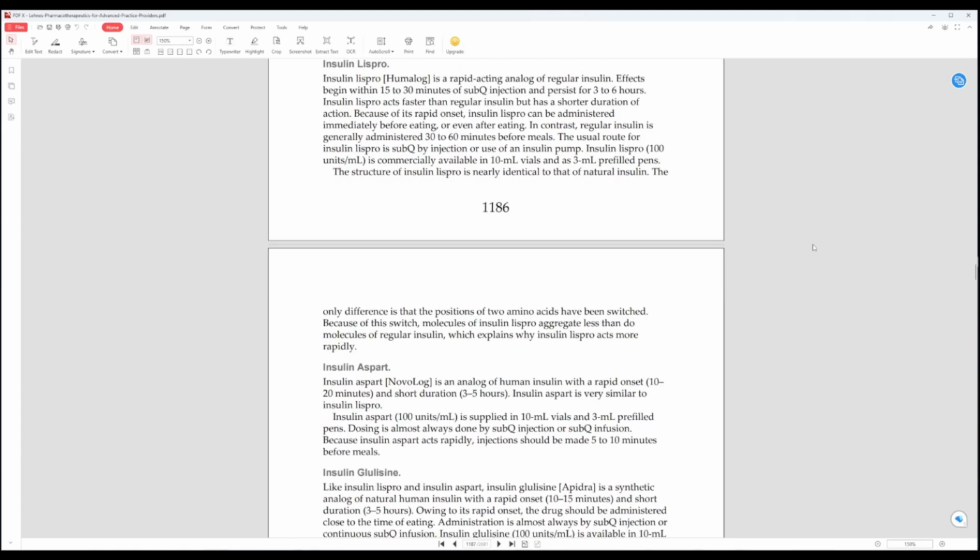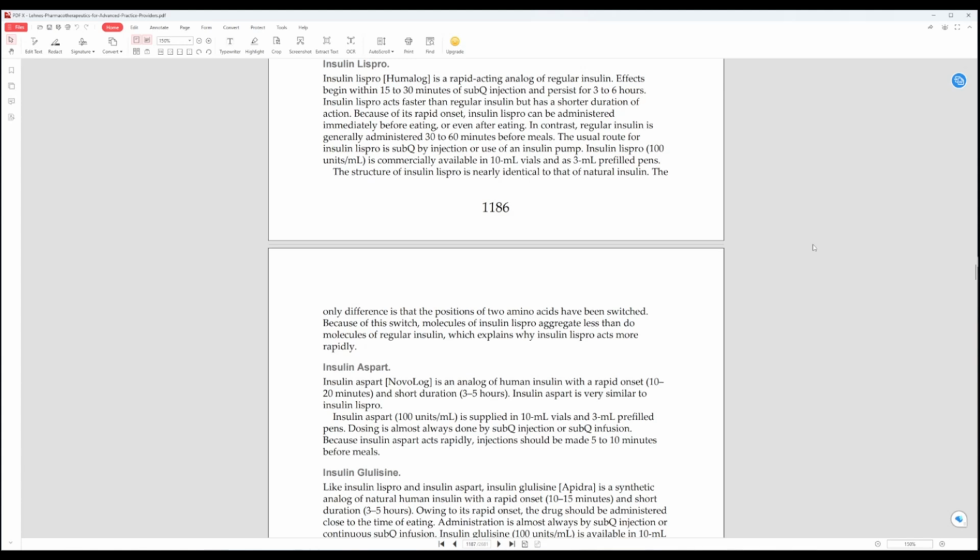So we'll start with insulin Lispro, also known as Humalog, which is a rapid-acting analog of regular insulin. Effects begin within 15 to 30 minutes of sub-Q injection and persist for 3 to 6 hours. Insulin Lispro acts faster than regular insulin, but has a shorter duration of action.